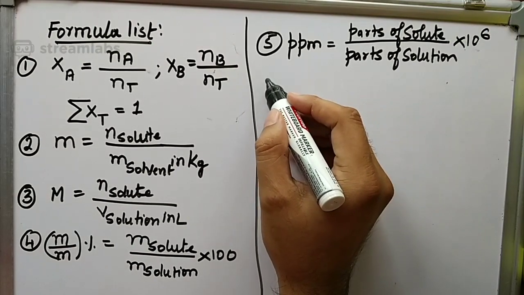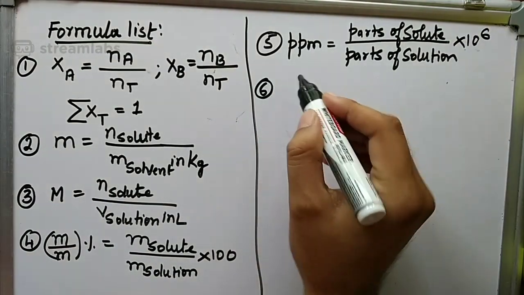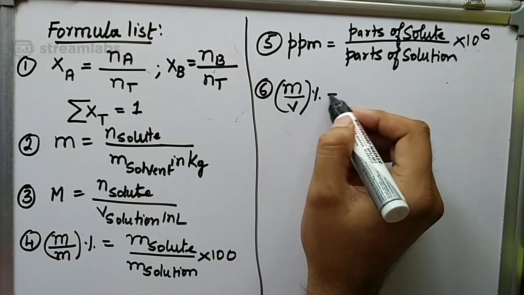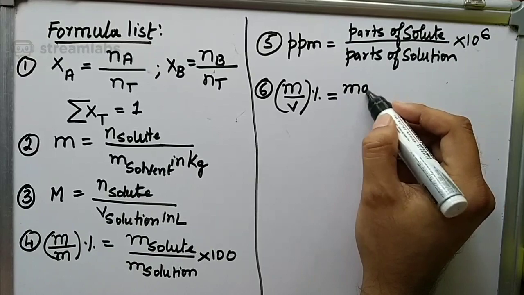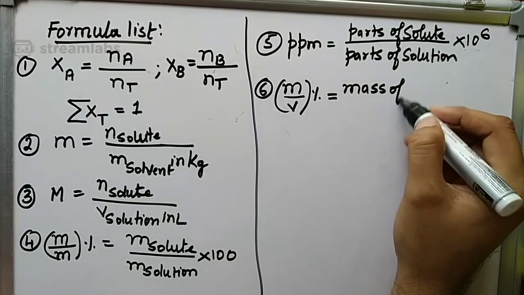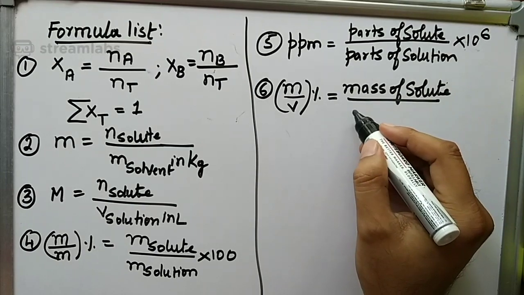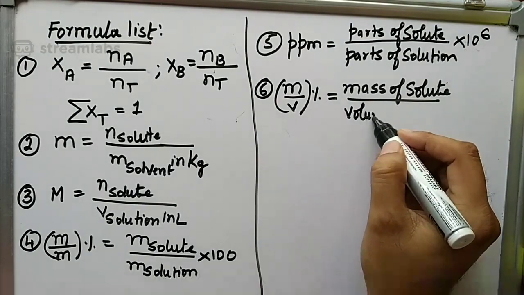And we have studied mass by volume percent. Mass by volume percent is equal to mass of solute divided by volume of solution.